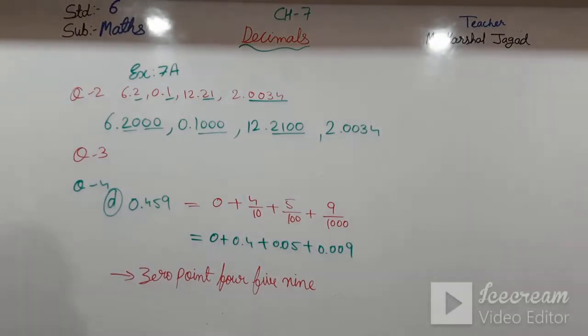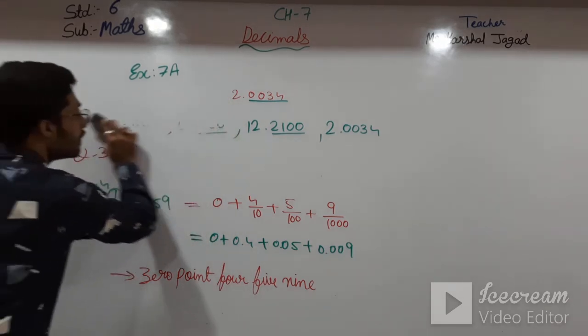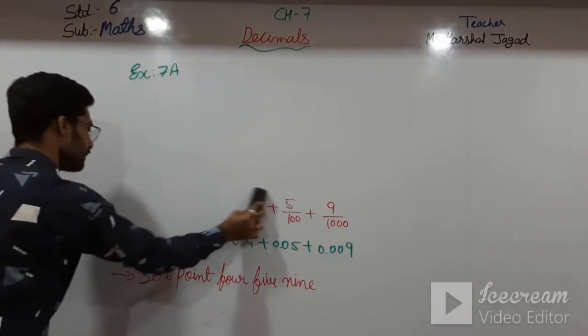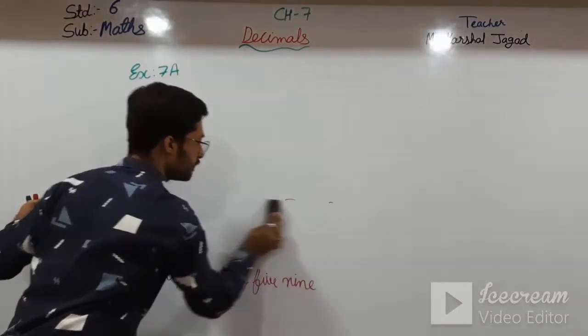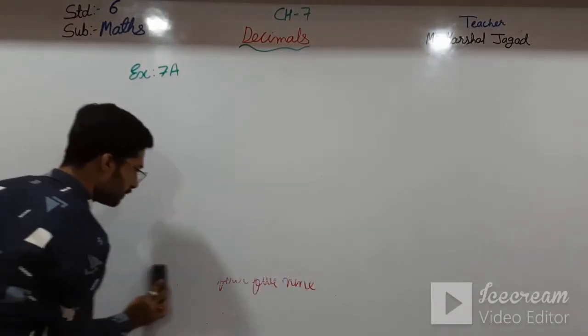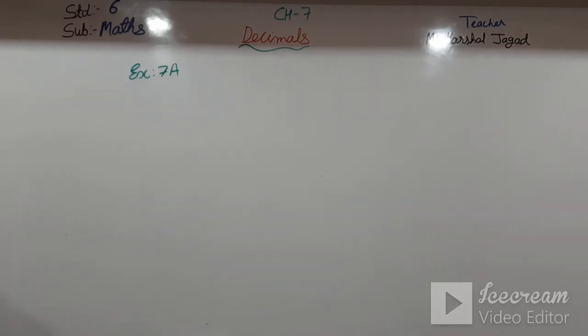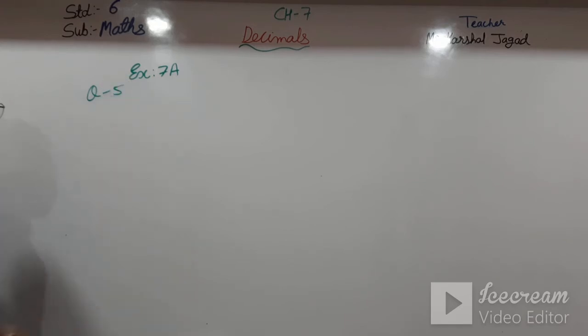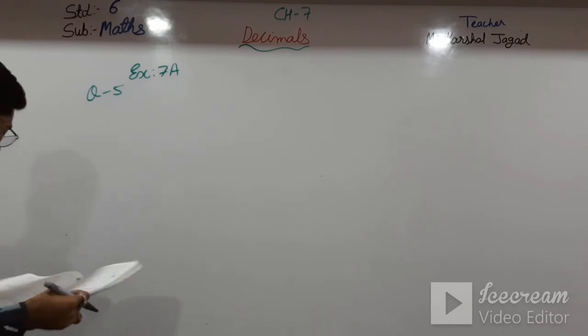Moving further, question number 5: write as decimal numbers. In question number 5, what you have to do is write as decimal numbers.